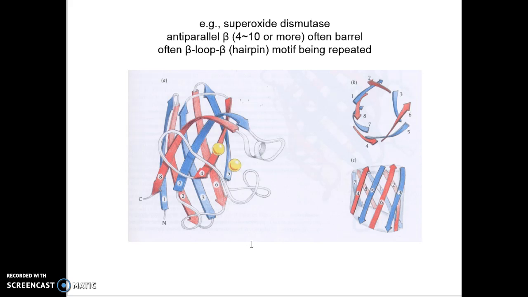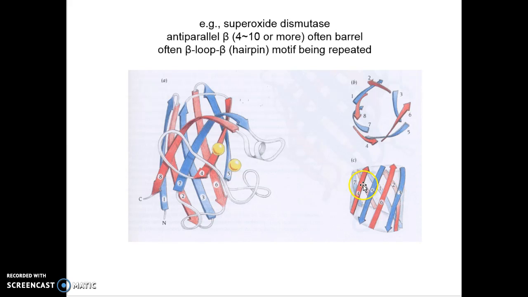We are looking at superoxide dismutase, where 8 anti-parallel betas are making the barrel shape. This is just a canonical model.